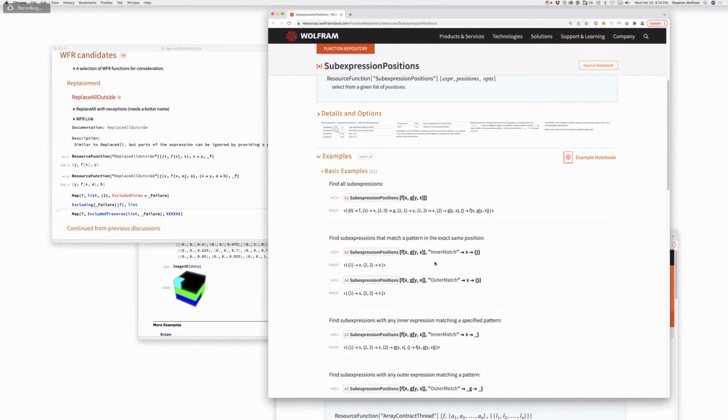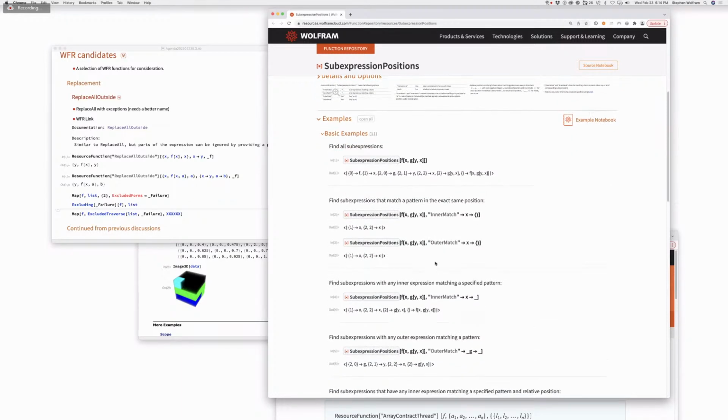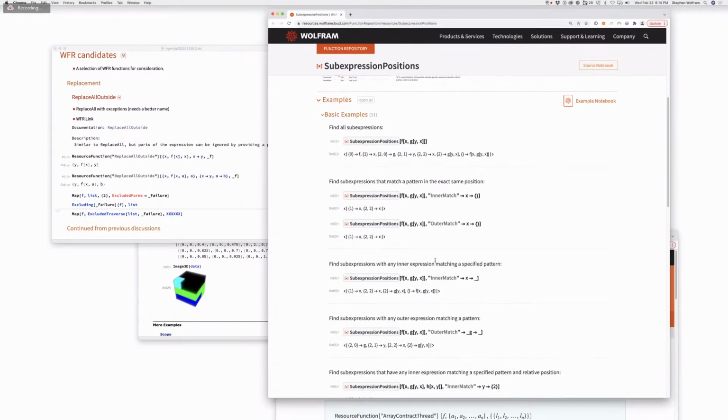What is this? It's not the best of designs, but it tries to cover most of the cases when you want to restrict by both pattern and the position. Oh, I see what you're saying. I see what you're saying. Okay, so that's a different thing.